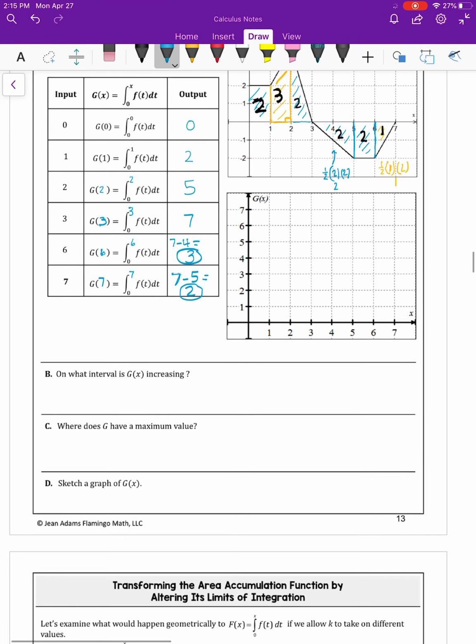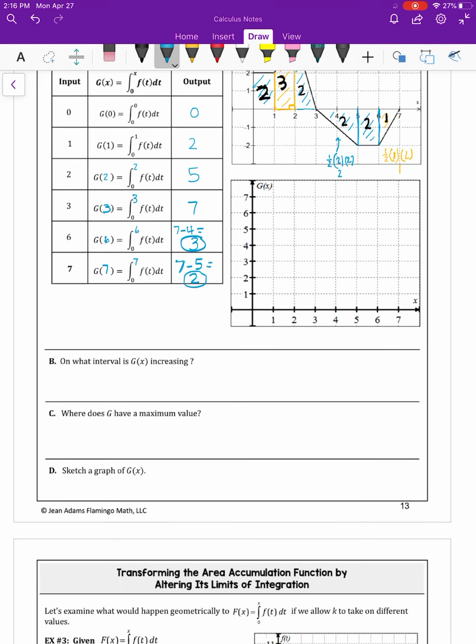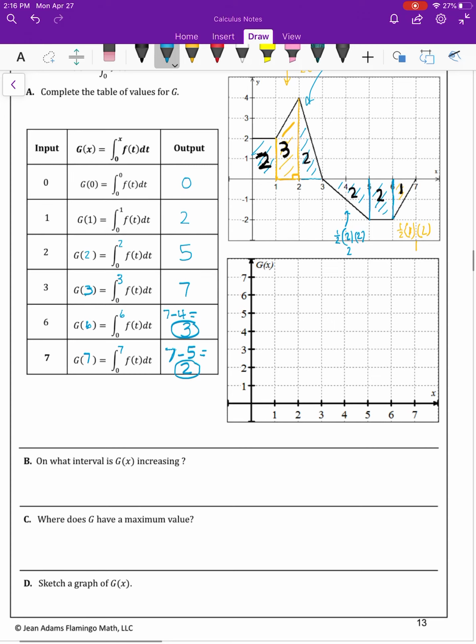All right. So now, on what interval is capital G of x increasing? Well, if you look at it, it goes from 0 to 2, that's increasing. Then 2 to 5, that's increasing. 5 to 7 is increasing. The first time it starts decreasing is after 3.